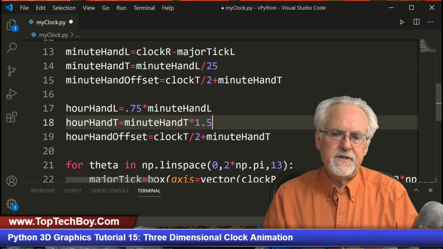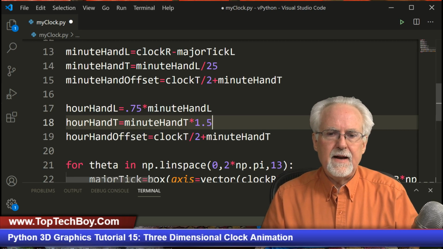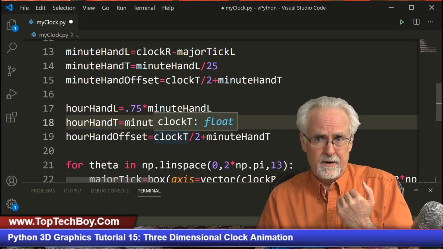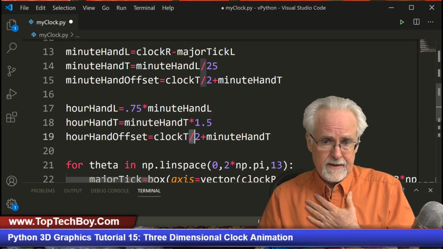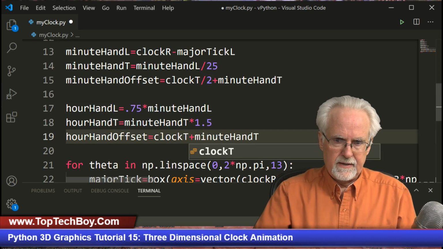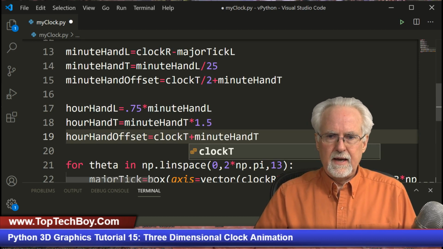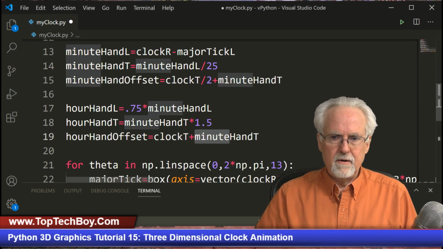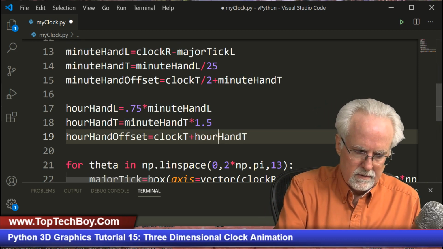And then the offset, I think that I need to have it up higher so that it's not just right on top of the minute hand. So we'll just take that divide by 2 off, and then let's add the hour hand thickness.